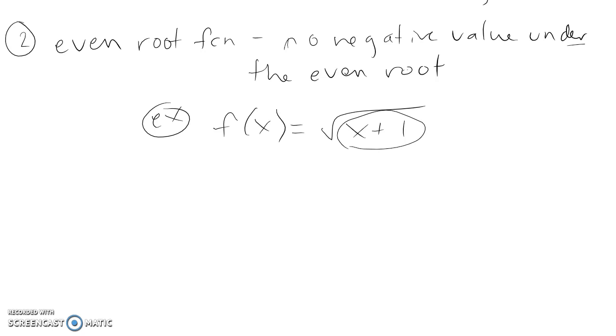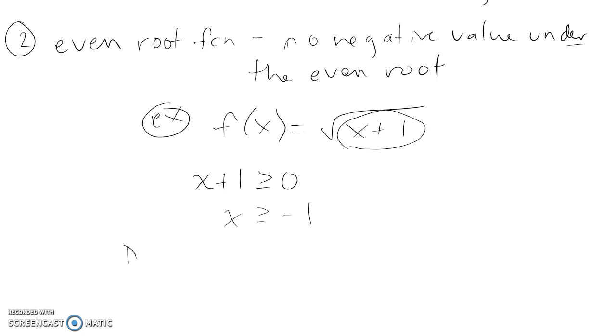But if we take the square root of a negative number, we'll get a complex number, and right now we're talking about real numbers. So, since x plus 1 cannot be negative, we set up an inequality that says x plus 1 must be greater than or equal to 0. Then we solve for x, and this tells us that x must be greater than or equal to negative 1.